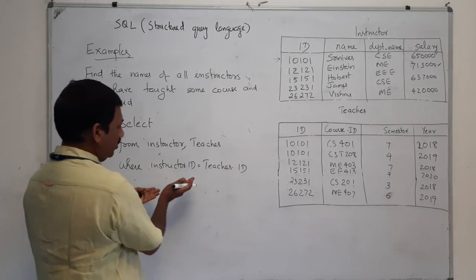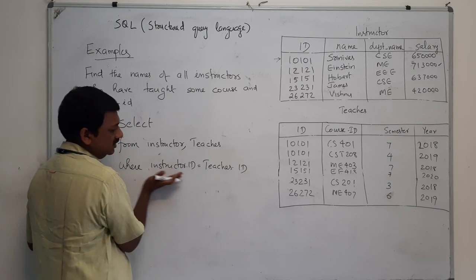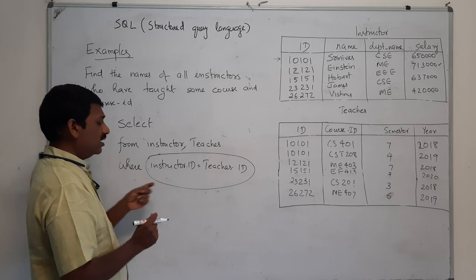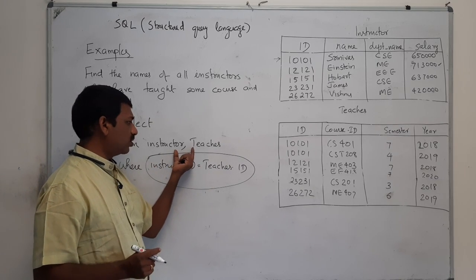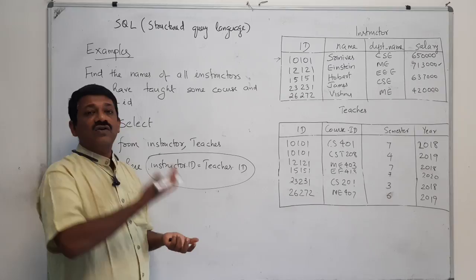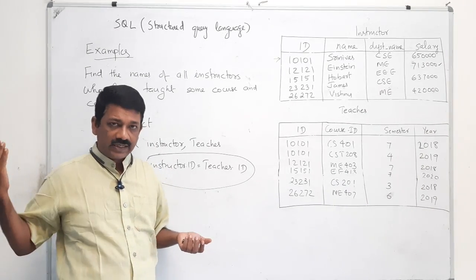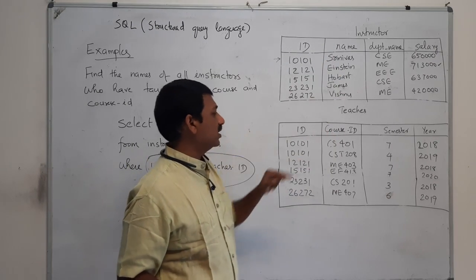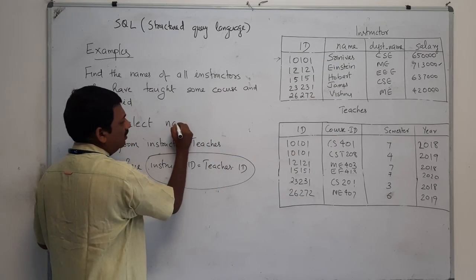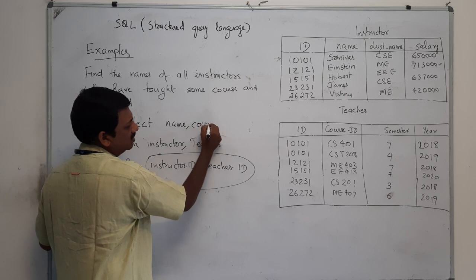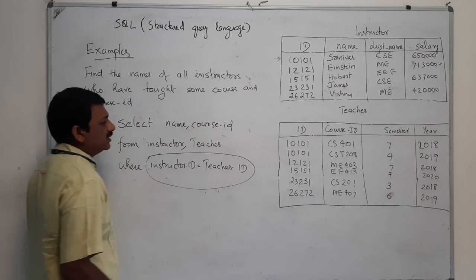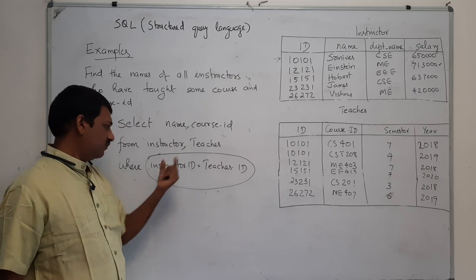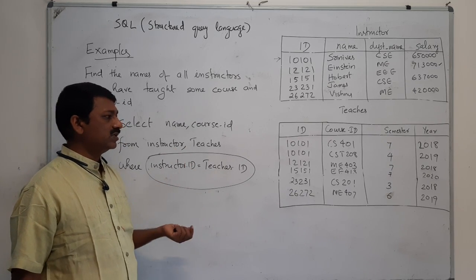That means this is the predicate, and if you have applied this predicate to the cross product, 6 tuples are selected. From that table you have to extract name and course ID. That means select name, course ID from the cross product of instructor and teachers, where instructor.id equal to teachers.id.